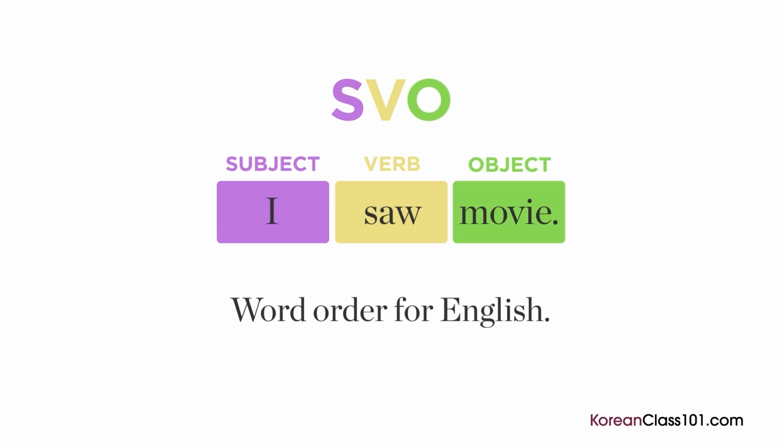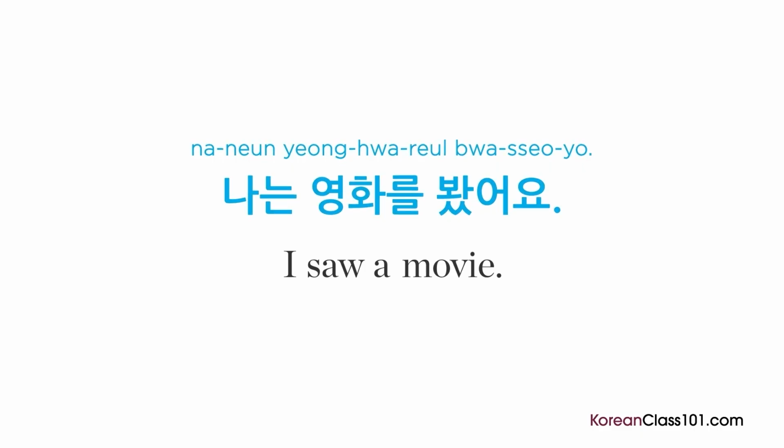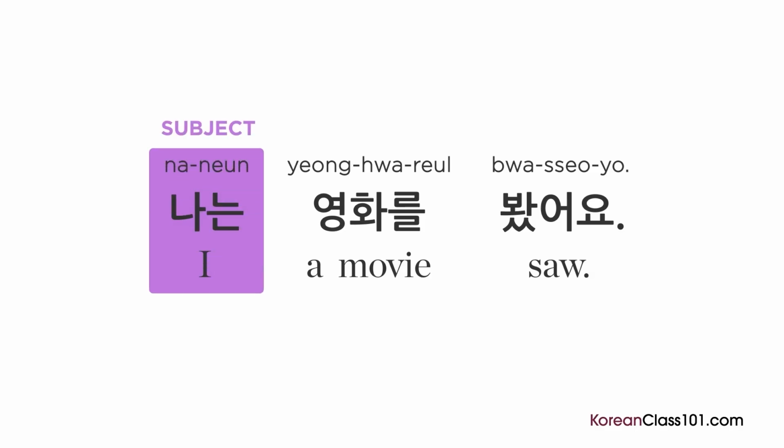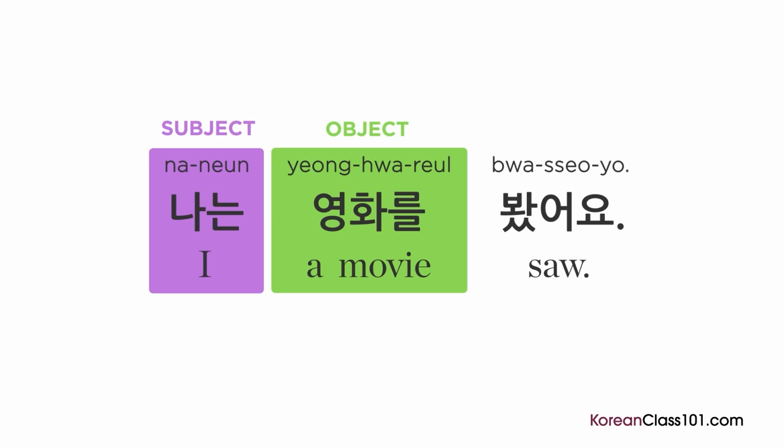Now, let's compare the same sentence, I saw a movie, in Korean. 나는 영화를 봤어요. If we break down the Korean sentence, we get the subject 나, meaning I, then comes the object 영화, meaning movie, and finally we have the verb 봤어요, meaning saw.